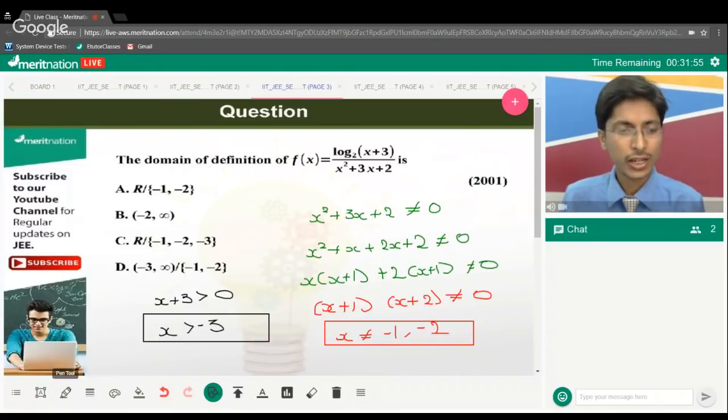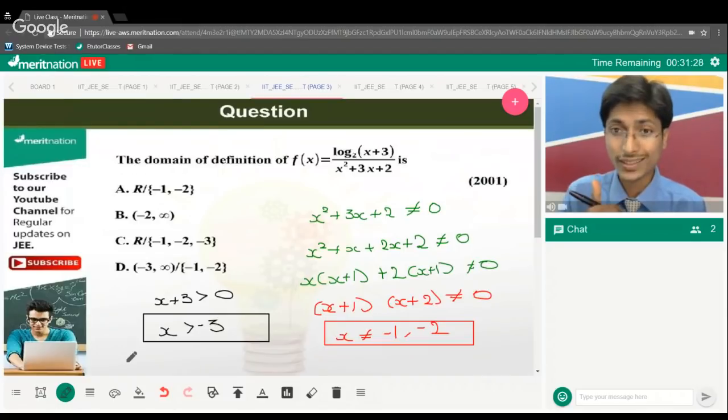Okay, Ayush, I'll repeat it again for you. See, Ayush, there were like two things which had to be taken into consideration. One was the denominator cannot be 0. So I found out the roots of the quadratic equation available in the denominator. That was x squared plus 3x plus 2. So x is not equals to -1 and x is not equals to -2.